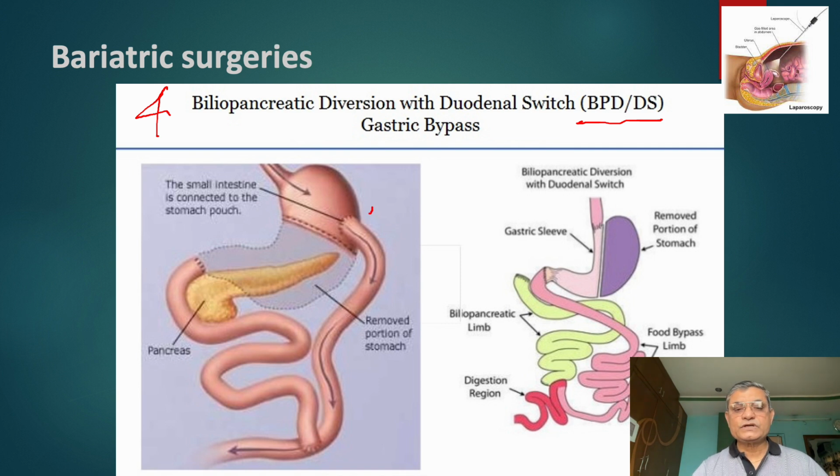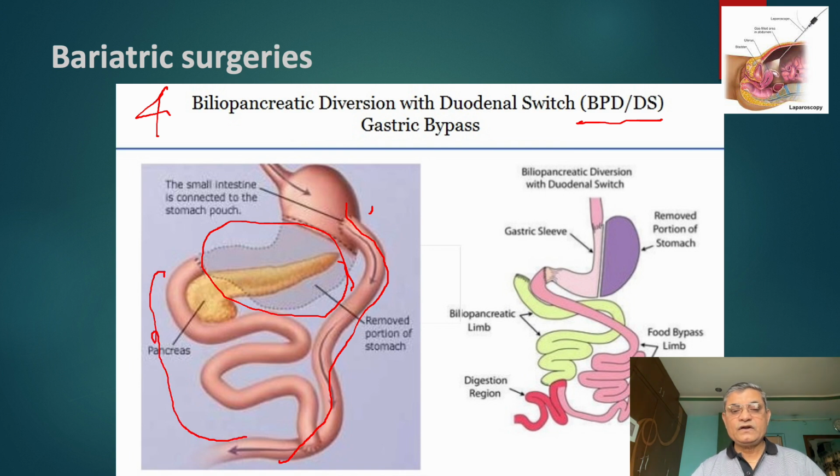A large portion of the stomach is removed and the food is rerouted through the small intestine. A large portion of the small intestine is excluded from the normal digestive process.